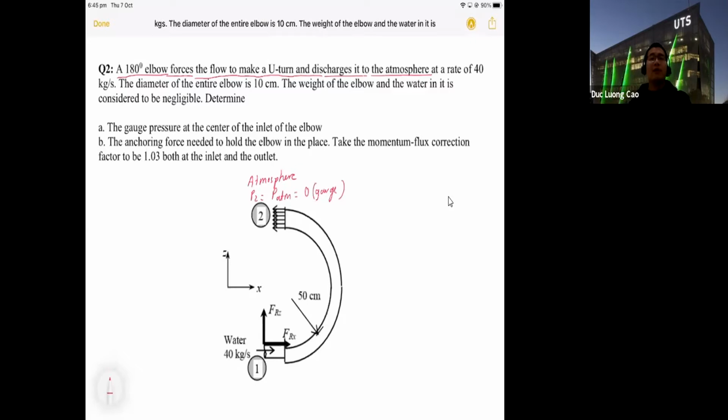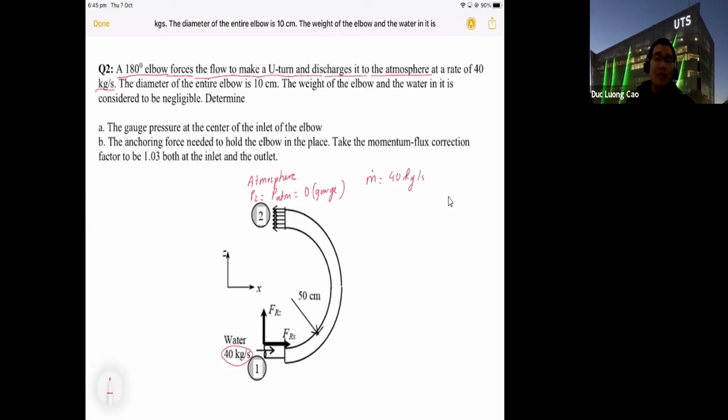It discharges at a rate of 40 kilograms per second, which means the mass flow rate equals 40 kilograms per second.